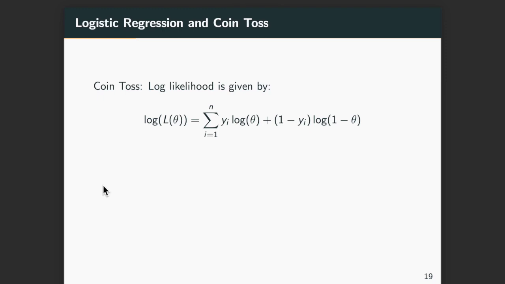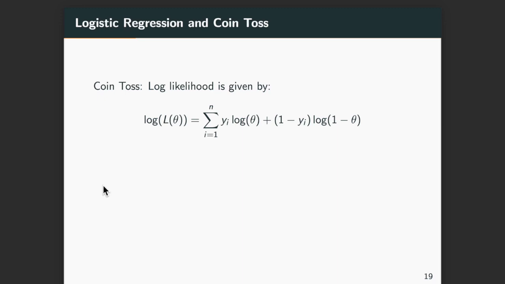Log likelihood for coin toss: you convert the products to summations, and then you can write it as the sum from i equal to 1 to n of yi log theta plus 1 minus yi log of 1 minus theta. We saw this in the previous lecture when we were trying to find the theta MLE for coin toss.